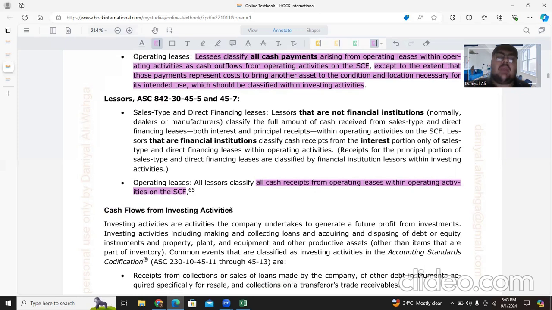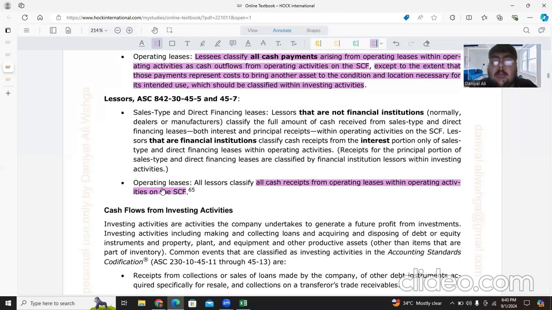Before moving up, we have a simple type remaining, sales type and direct financing lease. Lessors that are not financial institutions, normally dealers or manufacturers, classify the full amount of cash received from a sales type and direct financing lease, both interest and principal, within operating activities. First of all, you need to see whether you are a lessor.